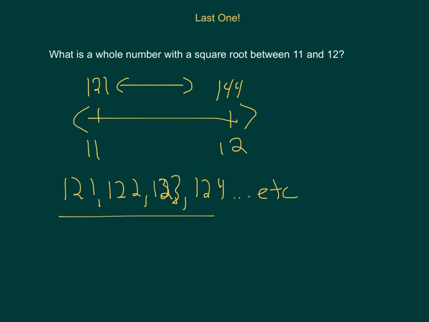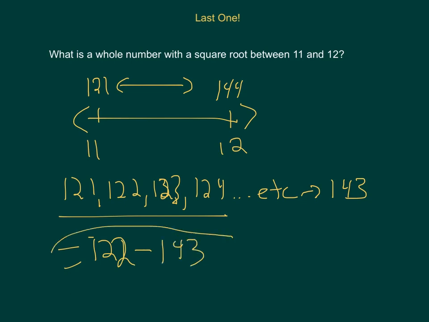So it could be any one of these all the way up to 143. So really, our answer could be anything between 122 and 143. They would all have square roots like 11.1, 11.43, 11.6, 11.8, right? All those would have numbers in between there. And that's it.